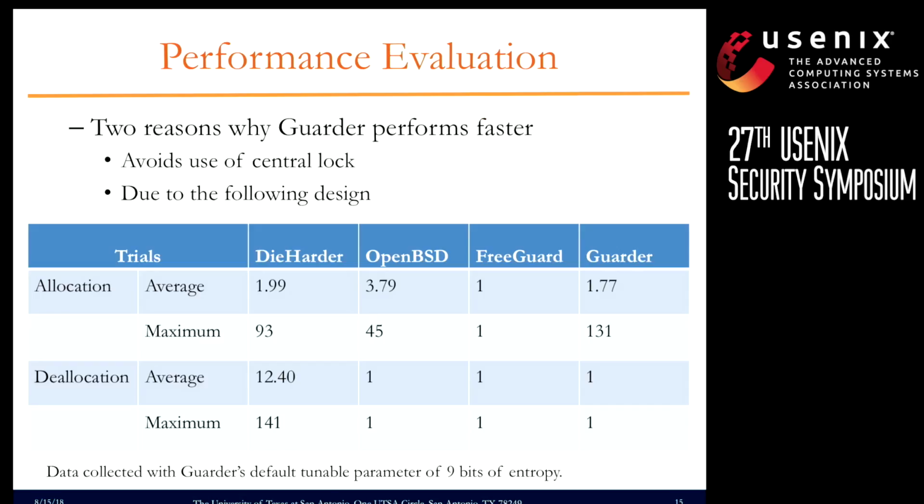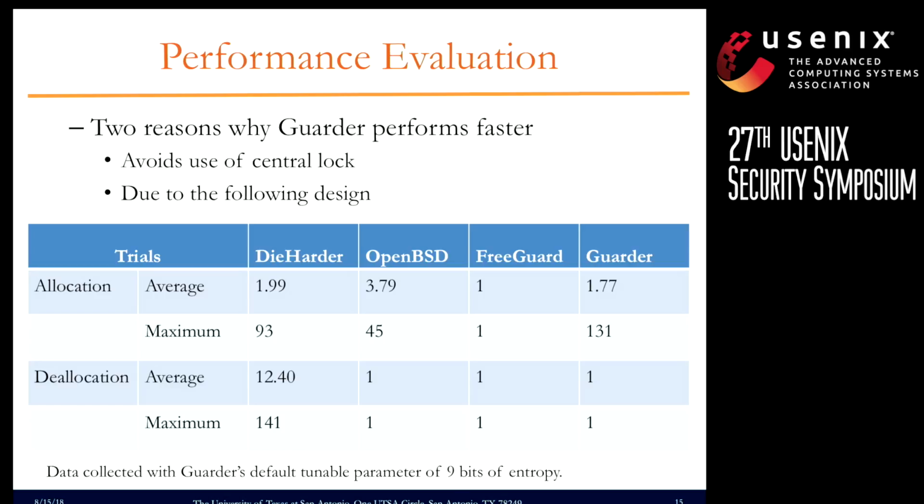So why is that? Well, there's 2 primary reasons why Garder performs better than other secure allocators like OpenBSD and DieHard. First, Garder avoids the use of a central lock, with the exception of a global free cache that's used under certain memory access patterns like producer-consumer. The other allocators have to acquire a lock on allocation and deallocation.